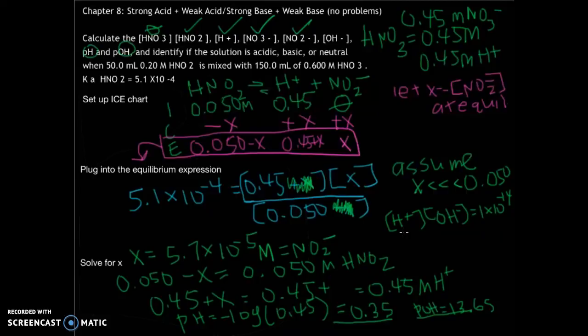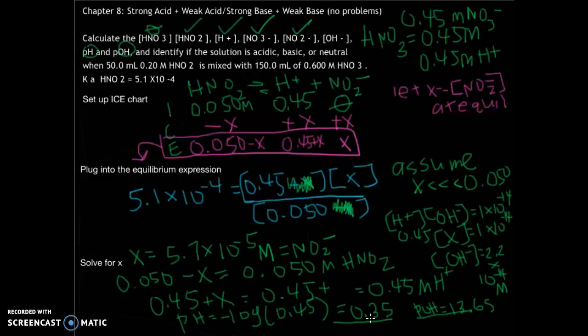The H plus was 0.45, so you put in 0.45 here, and then X for your OH minus. 1 times 10 to the negative 14 divided by 0.45, OH minus is 2.2 times 10 to the negative 14 molar. Sorry, I'm running out of room.